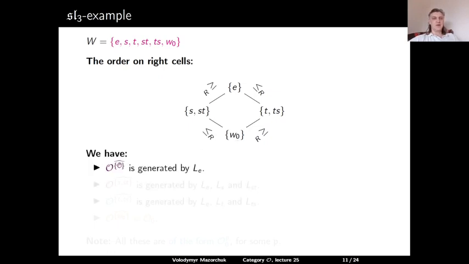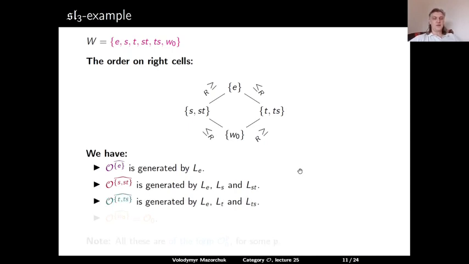So the category O_E hat is exactly the category of finite dimensional modules in O0. It's a Serre subcategory generated by LE. The category O_{S,ST} hat is the Serre subcategory generated by LE, LS, and LST.